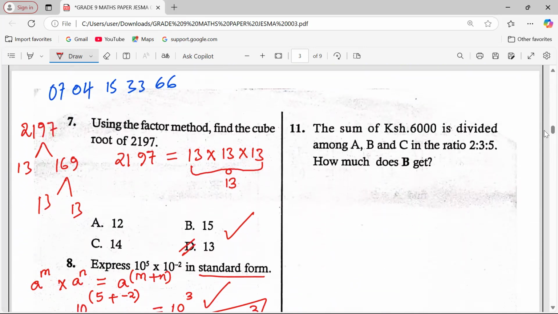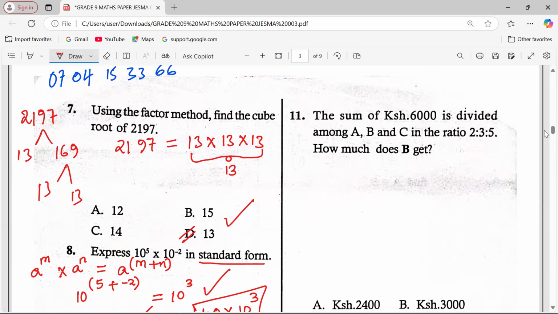The sum of 6,000 Kenya shillings is divided among A, B, and C in the ratio 2:3:5. How much does B get? So these are proportions. We are assuming there are individuals who are sharing this money, or even companies or whoever, but they have been named A, B, and C. So we have 3 students here.